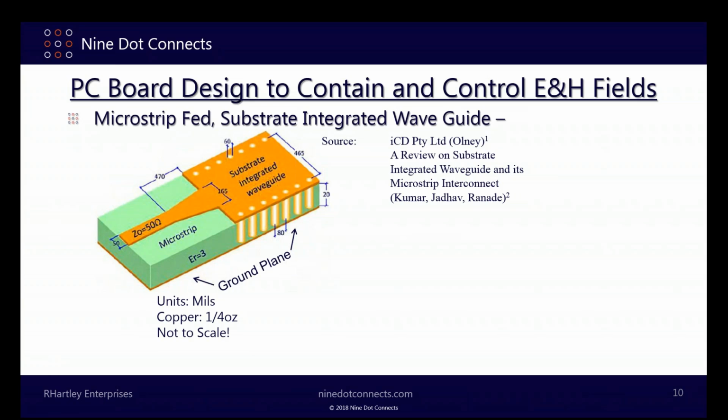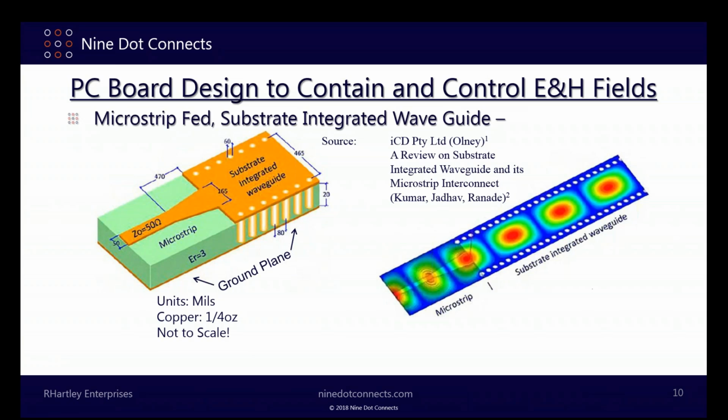The energy comes through the microstrip as it would with any circuit board where you have a trace routed above a plane. It comes through the dielectric between the trace and plane, and it enters into this substrate integrated waveguide. And as long as the frequency of it has a half wavelength equal to the halfway distance around this waveguide, you'll get a perfect standing wave, and the energy will move through the waveguide smoothly and unabated.